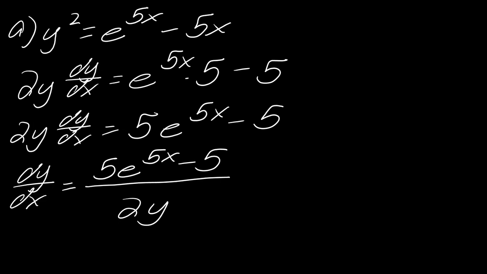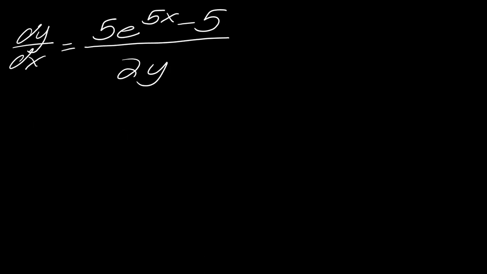Okay, so that's the first part. Now let me get some space so we can start working on the next derivative. Okay, so now I'll write y double prime, and we'll just go ahead and implicitly differentiate this side. I've got to use the quotient rule here. First I'll take the derivative of the top. So this will be 5e to the 5x times 5. I got to use the chain rule there.